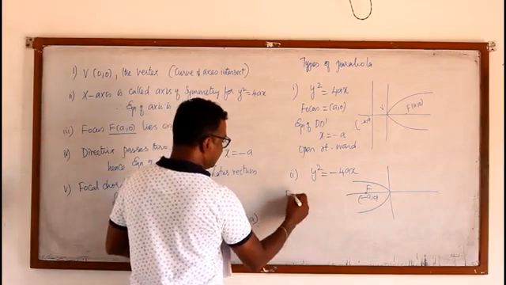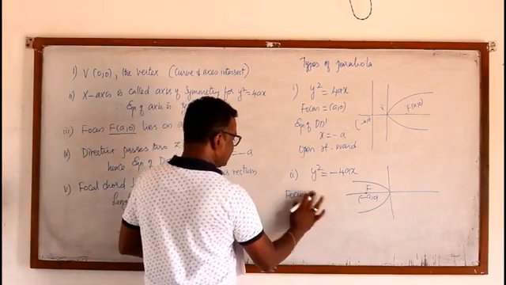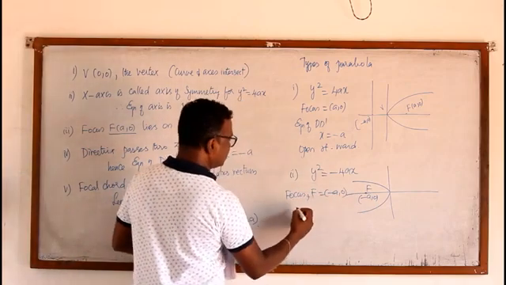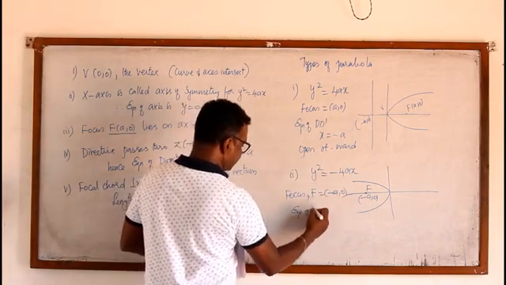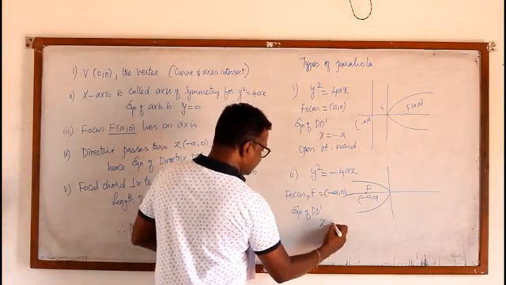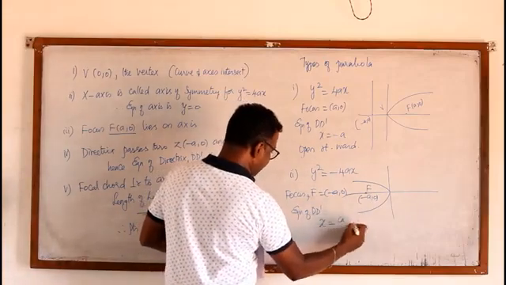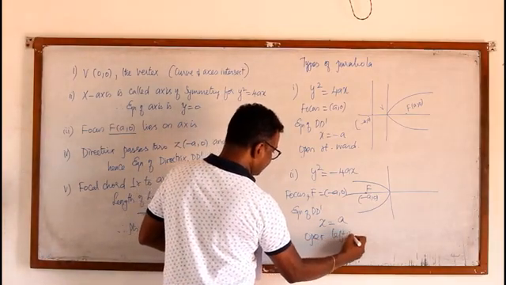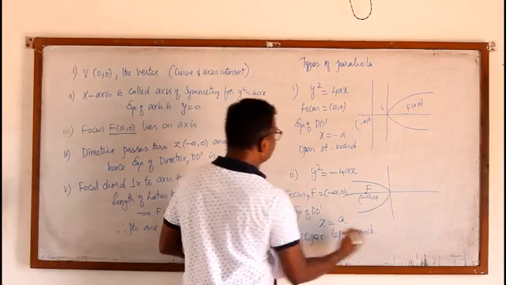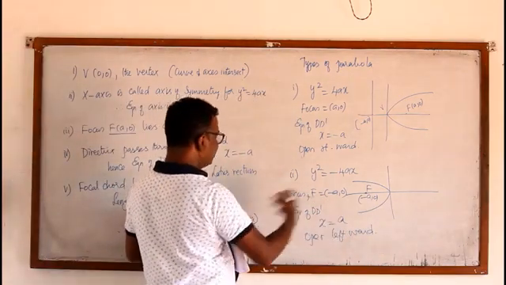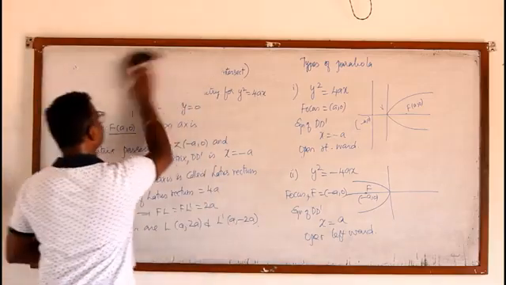So we can say focus is F of minus a comma 0. Equation of directrix is x equal to plus a, since it is minus for y square means x, minus means plus a. The nature of the curve will be open leftward. So if we know about the focus and the directrix, we can read about the remaining things.